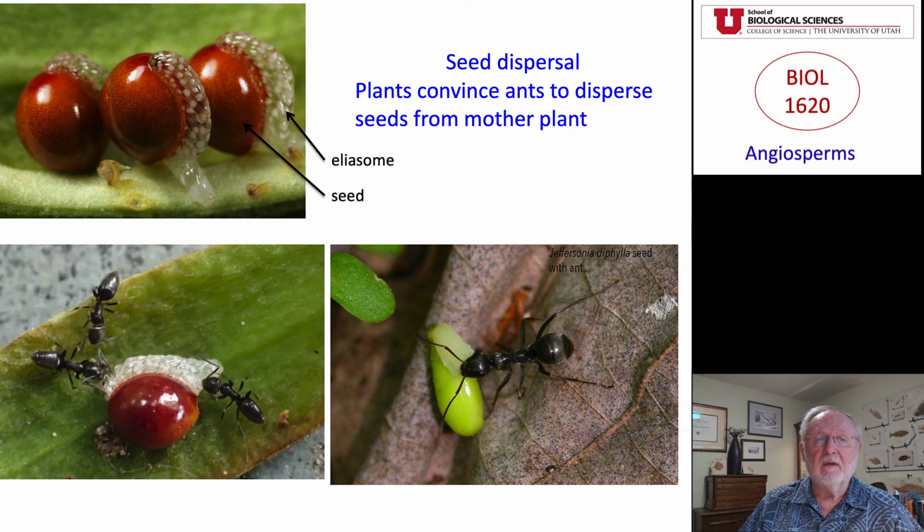In the mound, they eat the elaiosome and discard the seed. The seed is then discarded at the edge of the mound, which again is a nutrient-rich environment. Once again, plants have fooled animal systems either for pollination or for resource dispersal into a resource-rich environment.